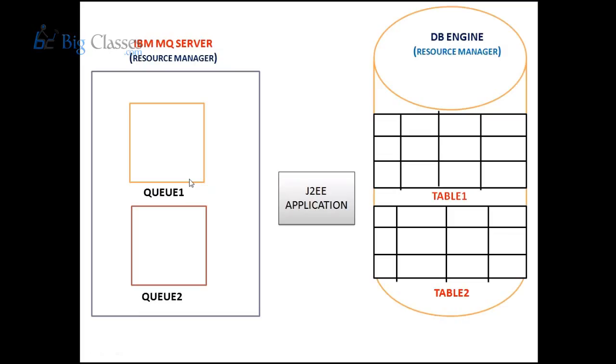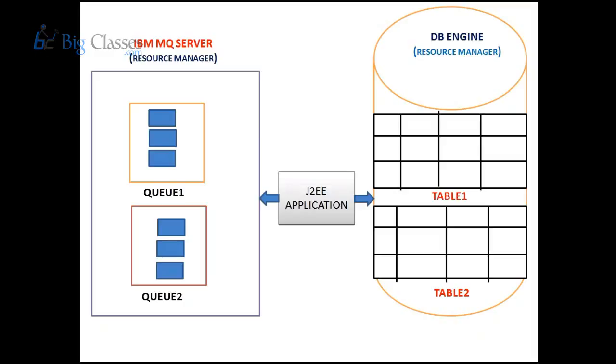Already I said in a DB engine we create tables to hold data as records, whereas in an MQ server we create queues to hold data as messages until they are processed by the other end application. See, the sender end application sends messages to Q1 and Q2 as messages. In between these two resource managers, an application is available, a J2EE application. It is connected to the IBM MQ server and to the DB engine.